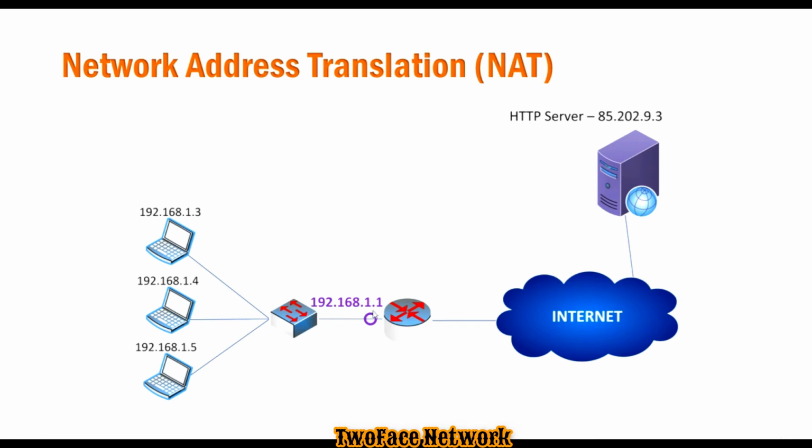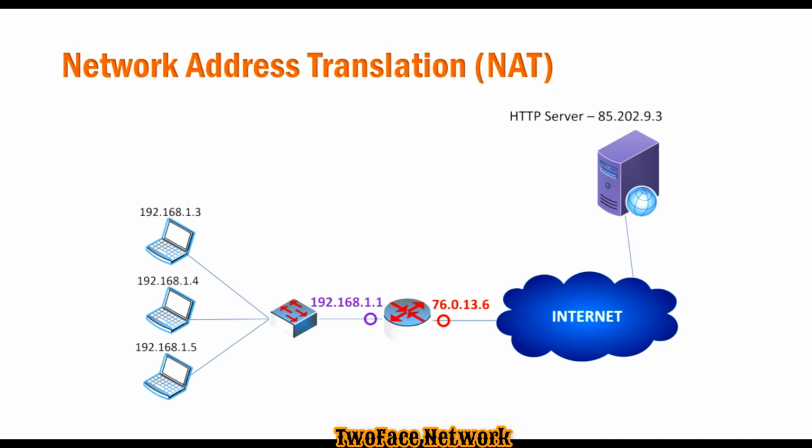And we've talked about this in the previous slides. The network portion of the IP address has to be the same in the entire network. So this is our private network facing interface on our router. And this is the public network facing interface, or the WAN interface, wide area network interface.